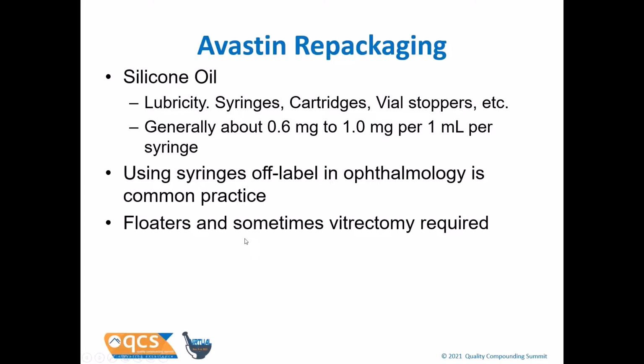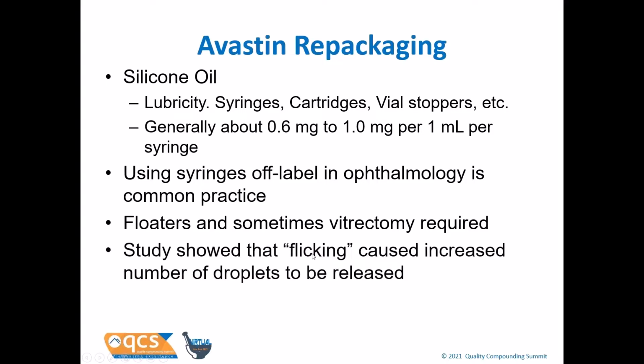And floaters occur on injection into the eye, and sometimes vitrectomy is required. But a study was published that's interesting that showed that if you flick the syringe when you're obtaining the Avastin and stuff, this causes increased number of droplets to be released.